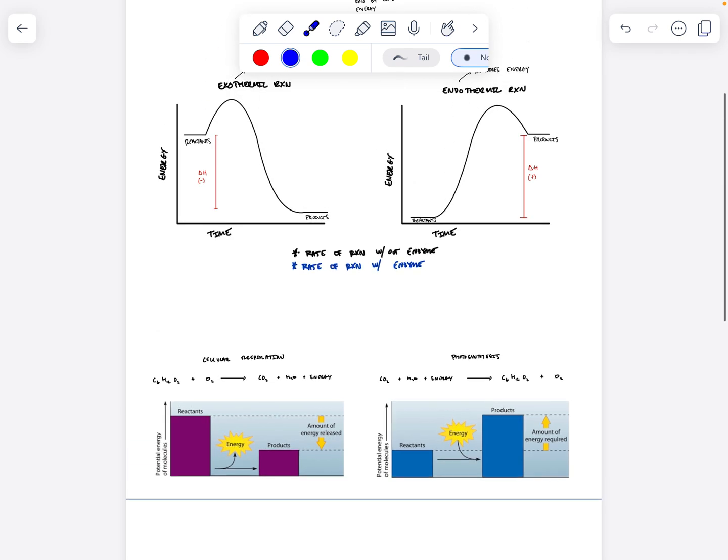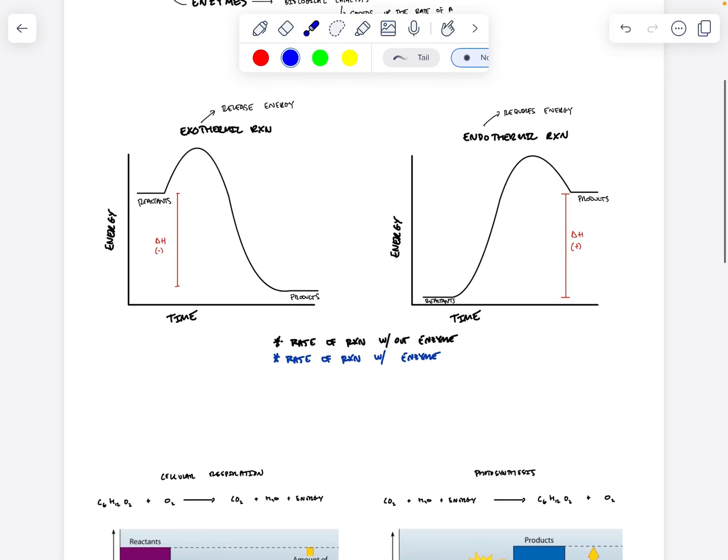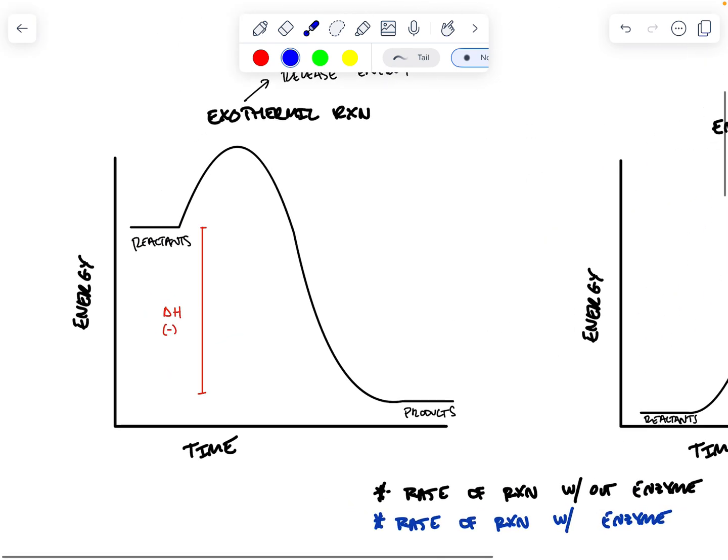Okay, so what does this all have to do with enzymes? Well, with exothermic reactions and endothermic reactions, you'll notice here that before we go from reactants to products, so imagine we're burning a log here. You know that when you light a log on fire, it releases carbon dioxide and water.